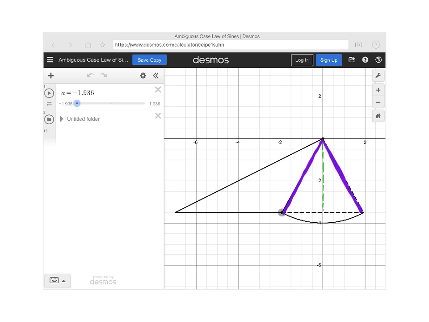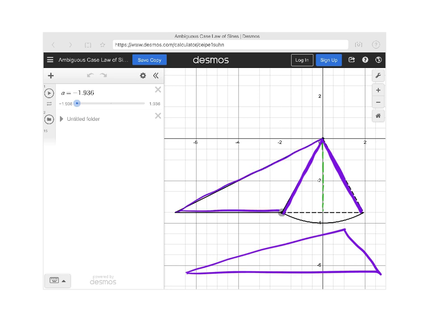So we could either have a triangle like this, or we can have a triangle like this, because that side could make two different possibilities as it swings back and forth. That sort of shows you visually what's happening, but we're going to calculate this so that you can get an idea.